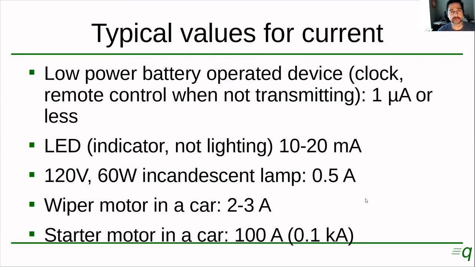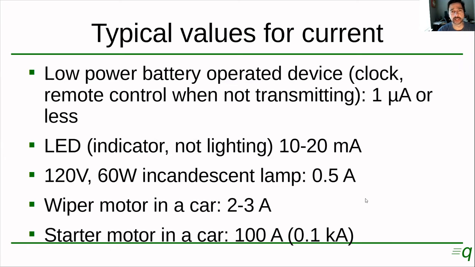An incandescent lamp of 60 watts, 120 volts, that's going to be 0.5 amps. A wiper motor in a car is going to be in the vicinity of 2 to 3 amps. And a starter motor in a car is going to be like 100 amps. So as you can see, the range of values for electric current, even in daily life, right?